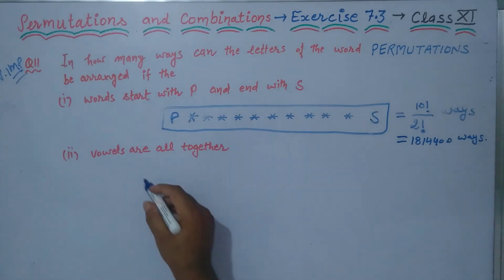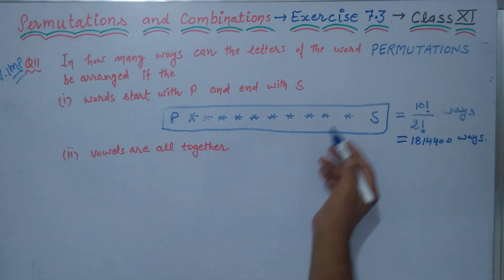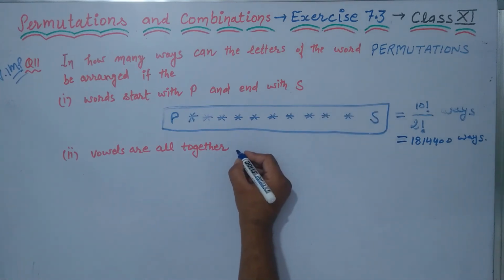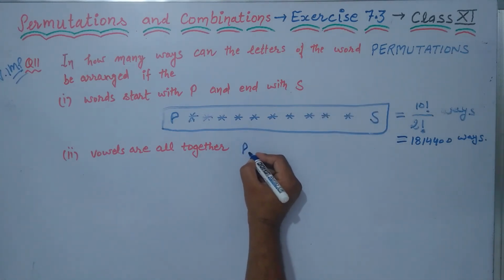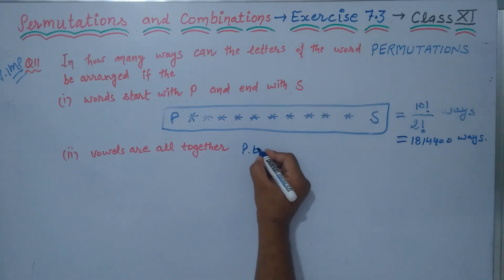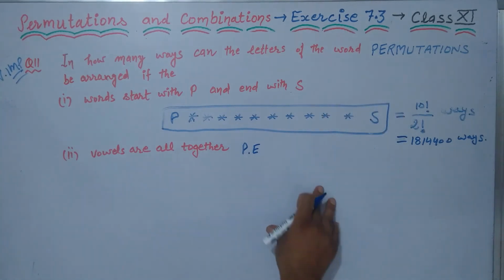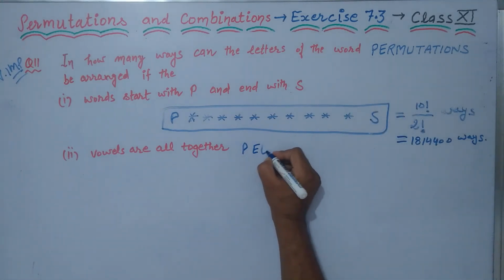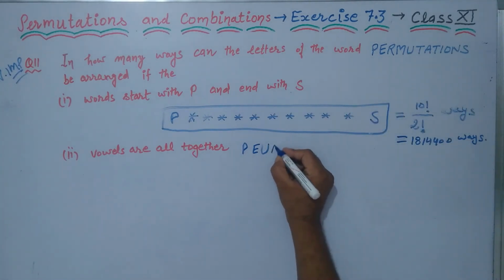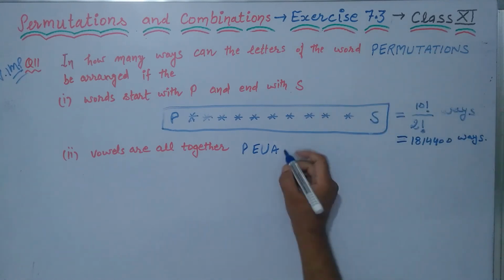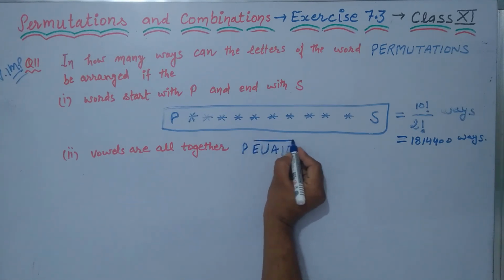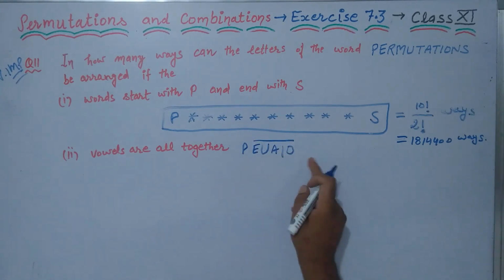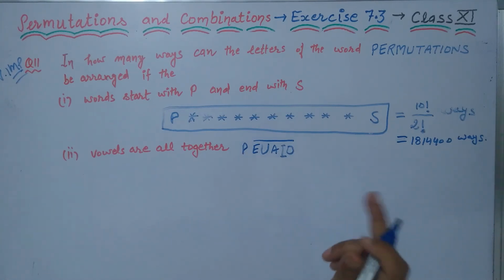In the second part we are given that the vowels are all together. So first of all we write the word: P, next is E. Now keeping all the vowels together, after E the next vowel is U, next vowel is A, next vowel is I, next vowel is O. So we keep all these vowels together, we fix them and consider them as one single letter.